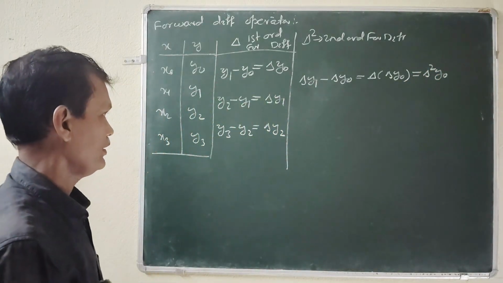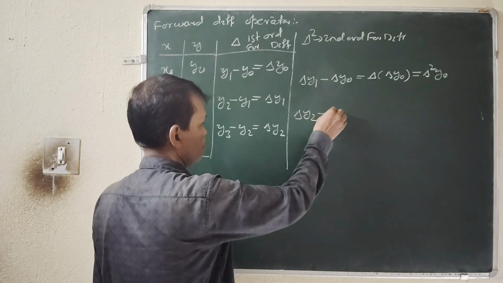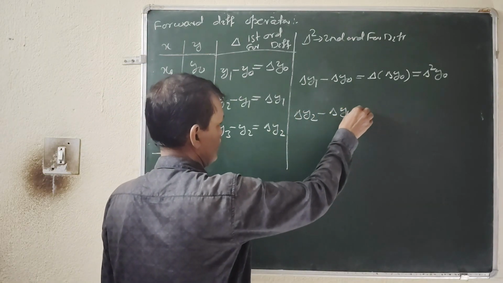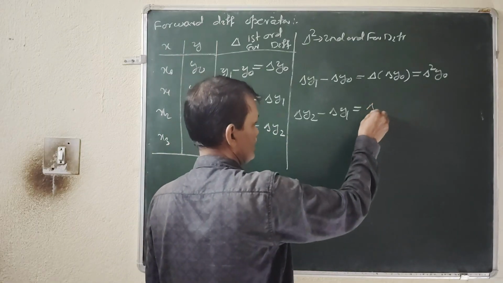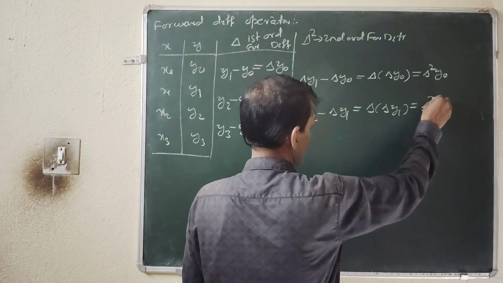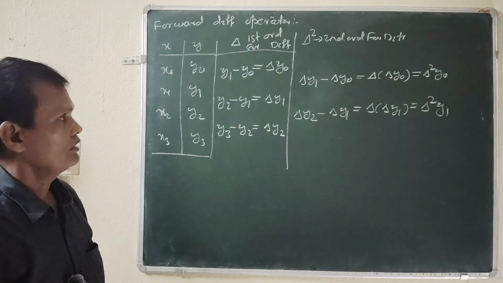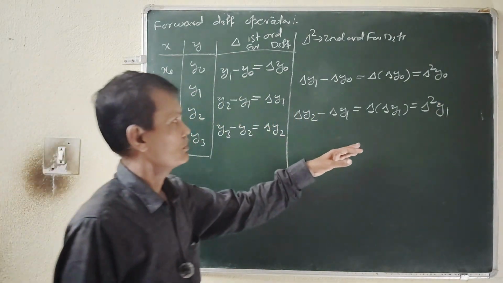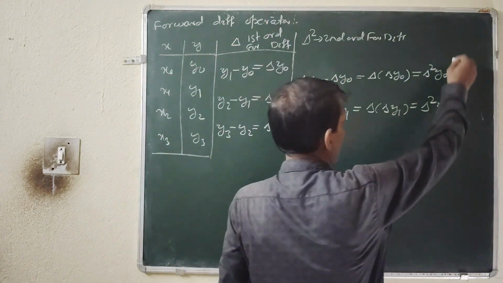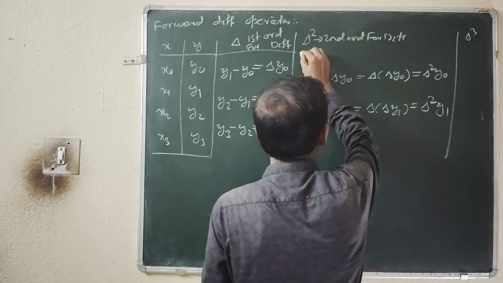Similarly, delta y2 minus delta y1 will be denoted as delta of delta y1 and its notation is delta square y1. Again, if we move further, after delta square comes delta cube.